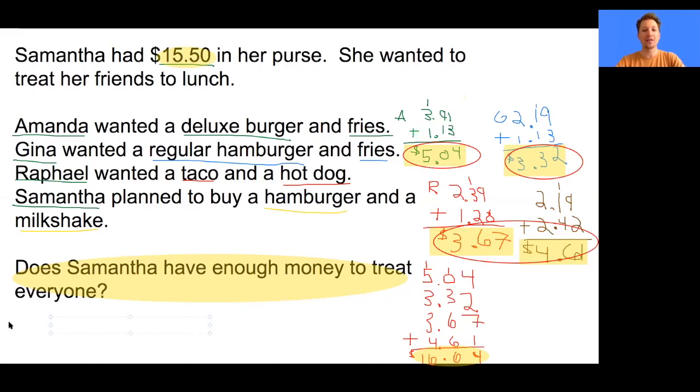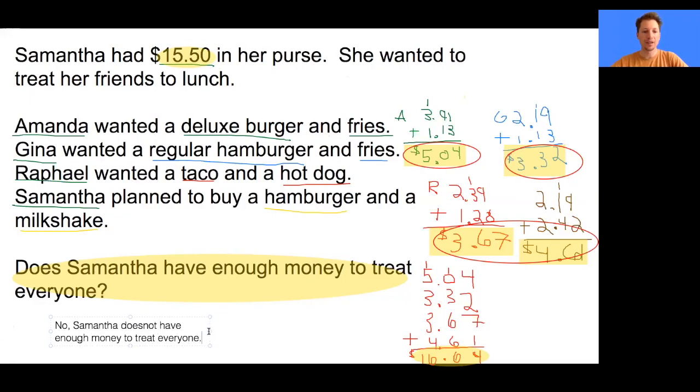So what we're going to be looking for is that you write your answer. So does Samantha have enough money to treat everyone? Remember, make sure that your answer is in a complete sentence. No, comma, Samantha does not have enough money to treat everyone.